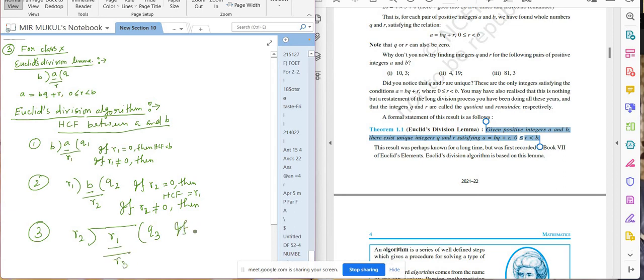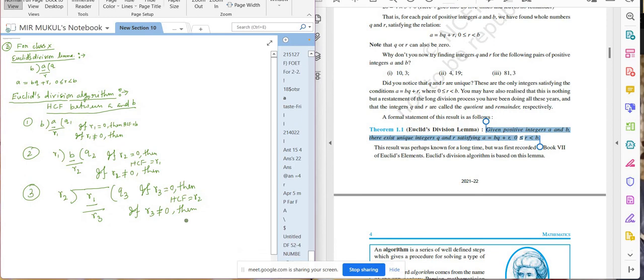If R3 equals 0, then HCF will be R2. If R3 not equals 0, then we'll continue this process.